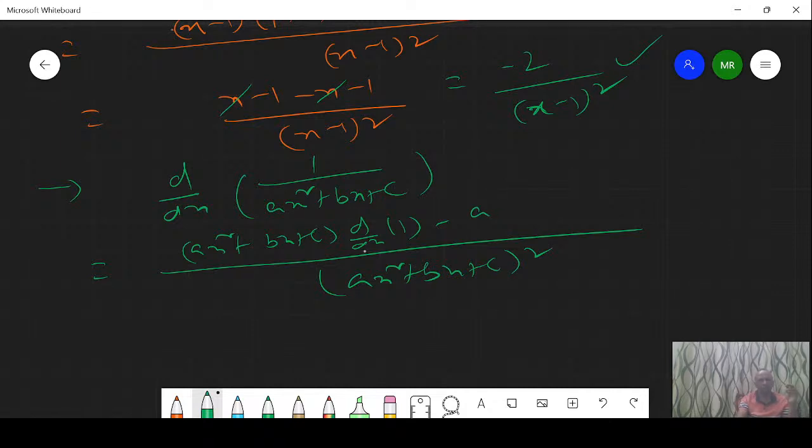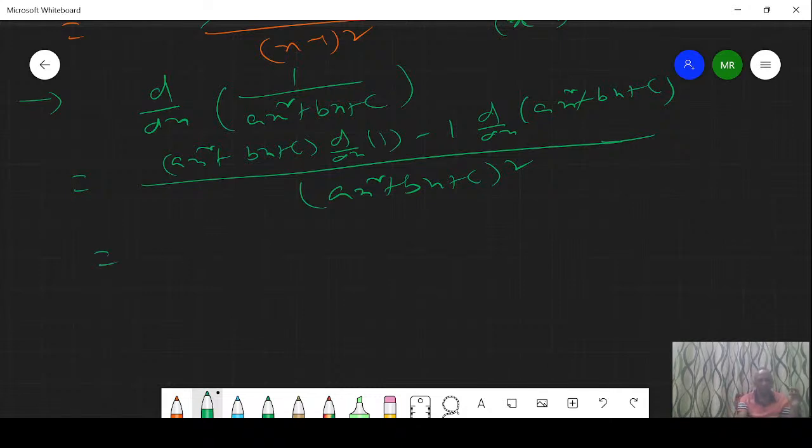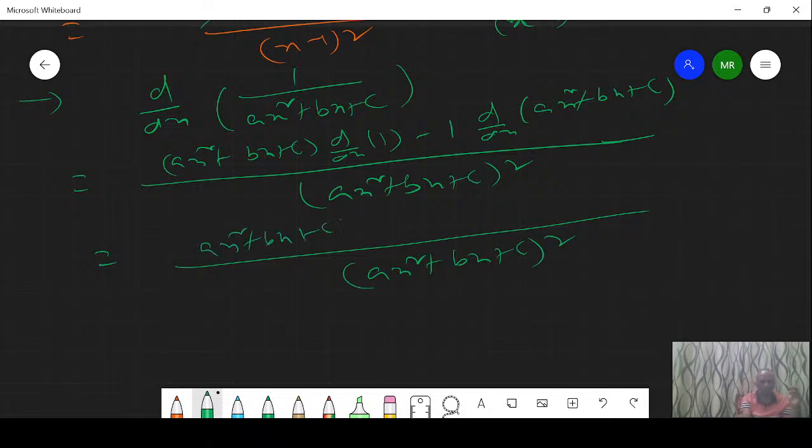I am using quotient rule, v into d by dx of u minus u into d by dx of v. Now, (ax square plus bx plus c) into derivative of 1, which is 0, minus 1 into the derivative of a into x square, which is 2x, plus b into 1, and the derivative of the constant is 0.